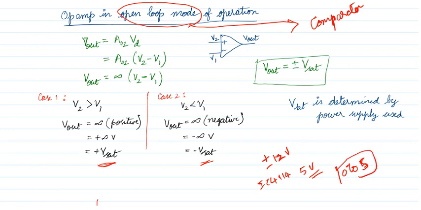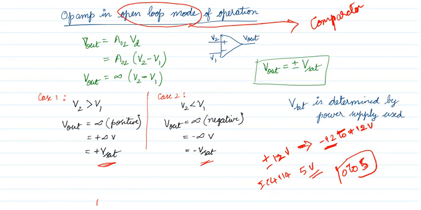If you are using 12 volt, the output is minus 12 volt to plus 12 volt. So this is the maximum value that we call saturation, minus V saturation and plus V saturation. That is what I mentioned, V saturation is determined by the power supply.